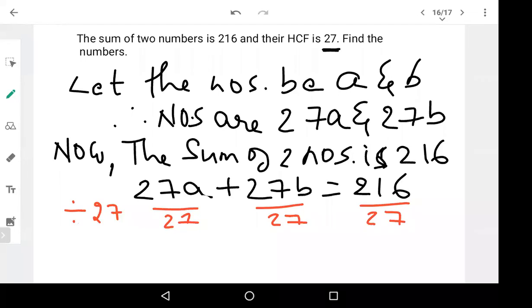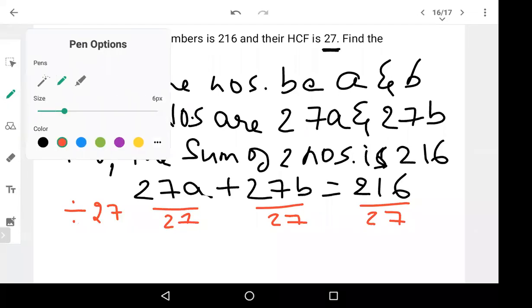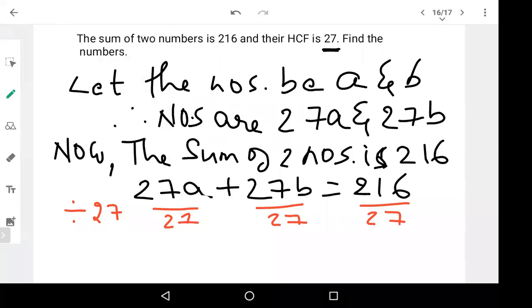Now what do I get? 27 by 27 I get 1A. This 1 is not required to write, so I only write A. Then 27 by 27 is 1 again, so I get B is equal to 216 by 27, which gives me 8.